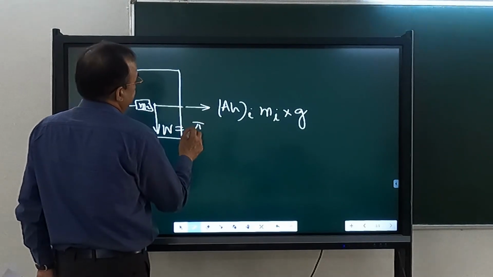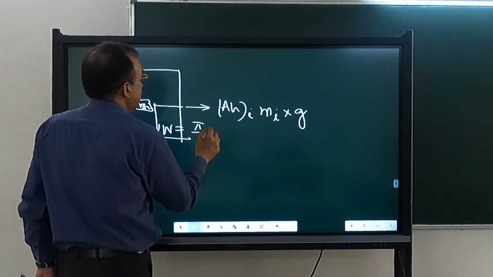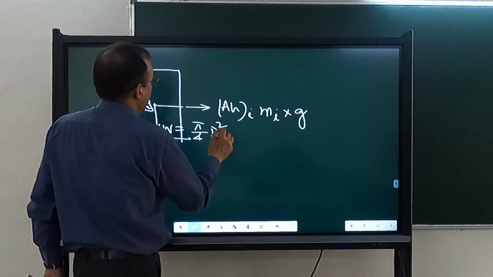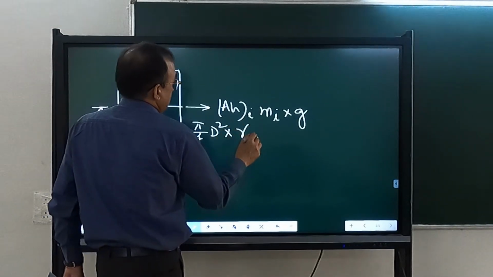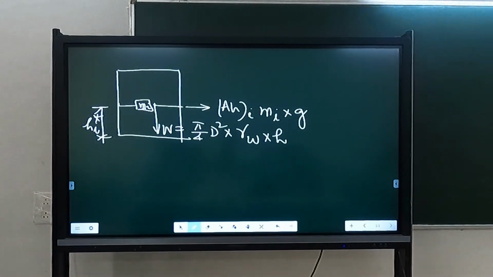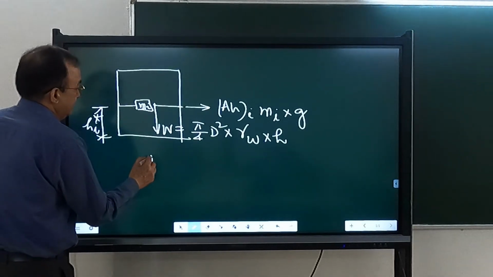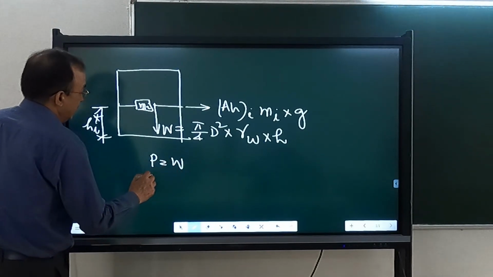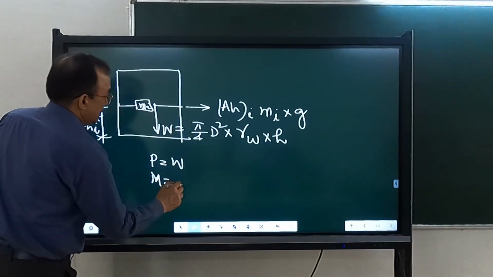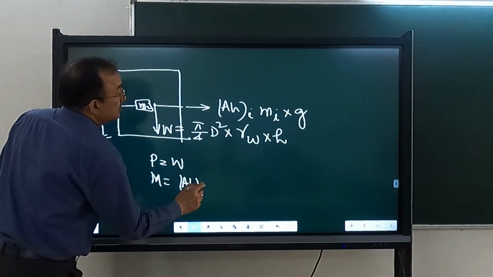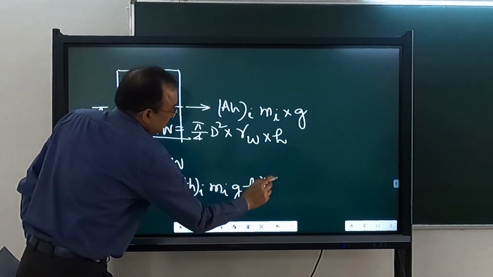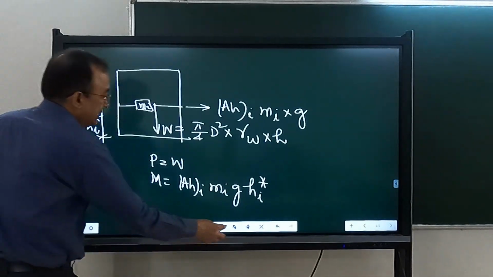So that will be pi by 4 d square, okay, into gamma w into h. That is the weight, and then vertical load P is equal to W, and the moment M is equal to AHI MIG into HI star.